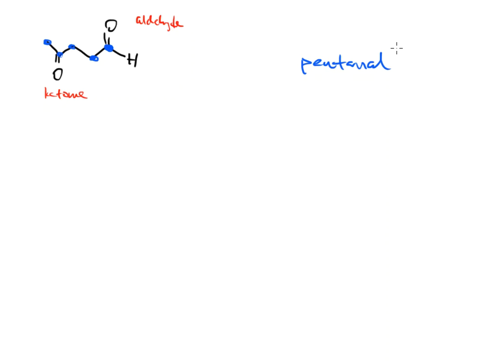So we're naming it as the aldehyde. Aldehyde starts with Al, so therefore we use Al in the ending of the name. Pentanal is going to be the parent name. Now we still have to name the ketone. The ketone is there, but we have to name it using the oxo prefix.